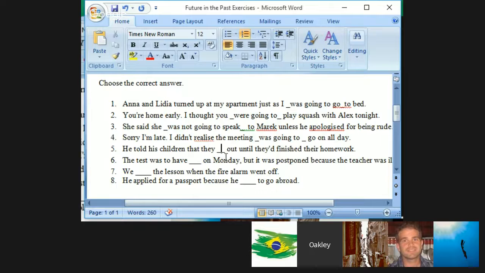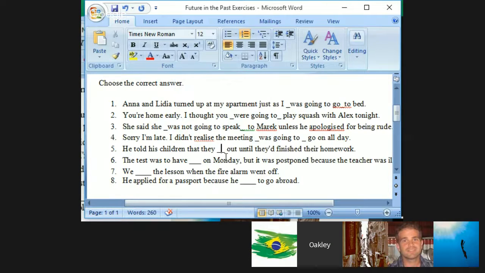They weren't going to go out until they finished their homework. Okay, it is possible he told his children that they were not going out until they finished their homework. Yes, that's his plan. You can do it that way, and that is perfectly correct.